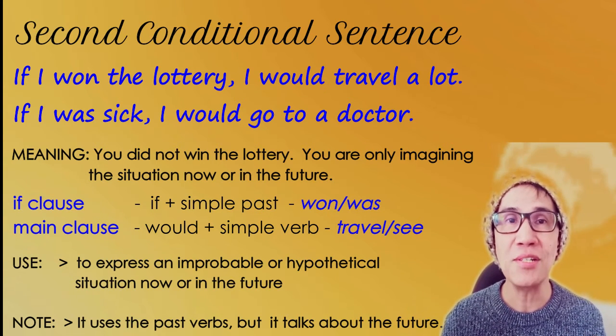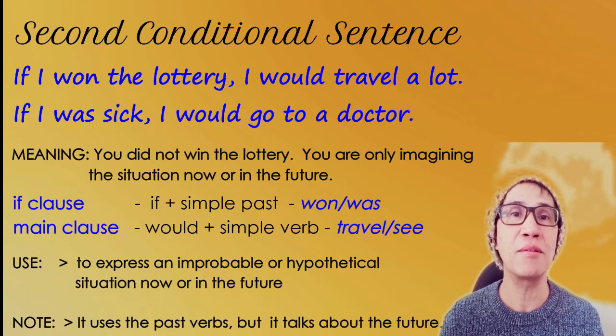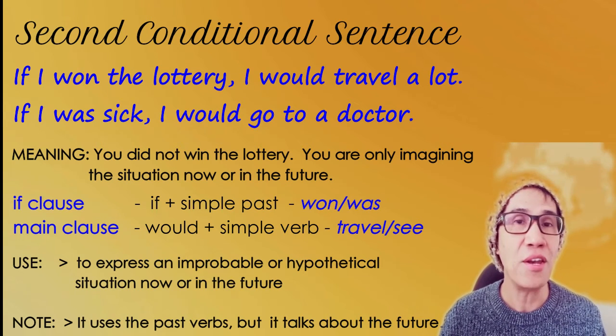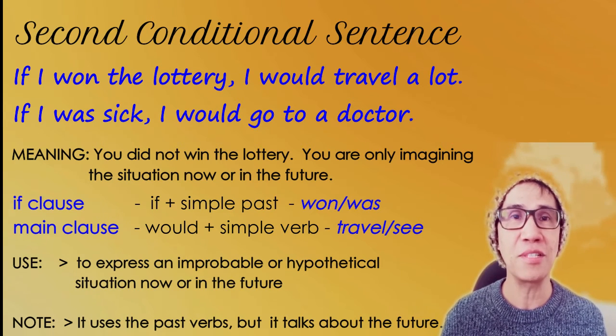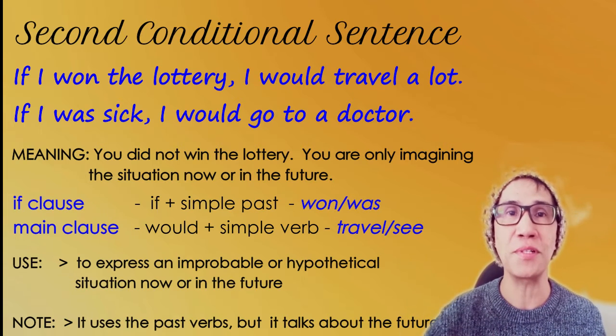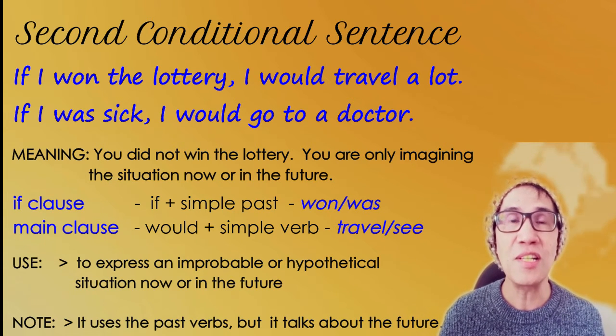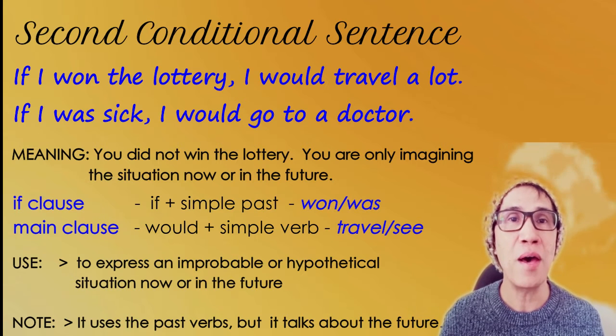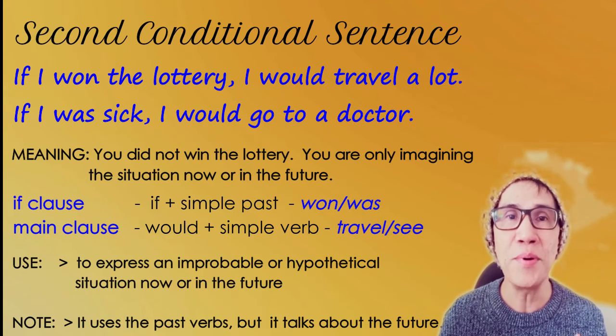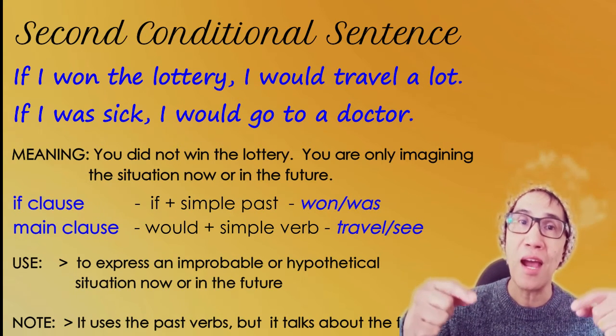You're only imagining or fantasizing about being sick and that you are going to see your doctor now or in the future. So you are going to use the second conditional sentence if you talk about a hypothetical or improbable situation now or in the future.